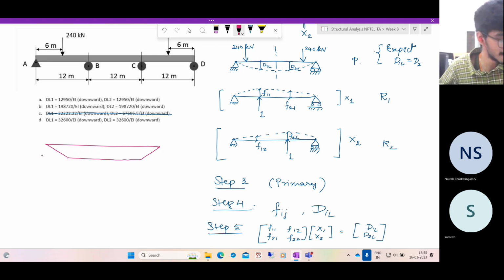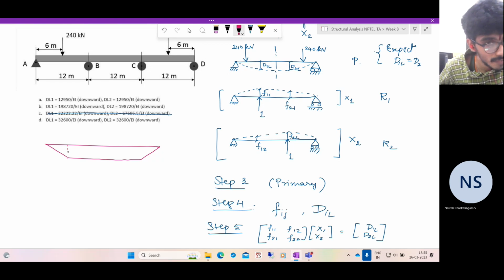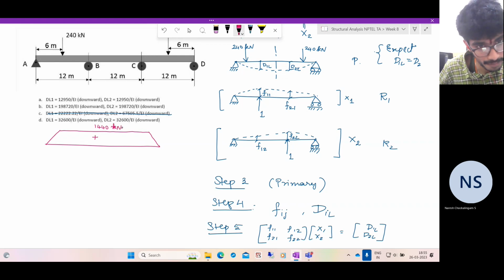It is 240 into 6, which is 1440 kilonewton meter. Let me take positive upwards.